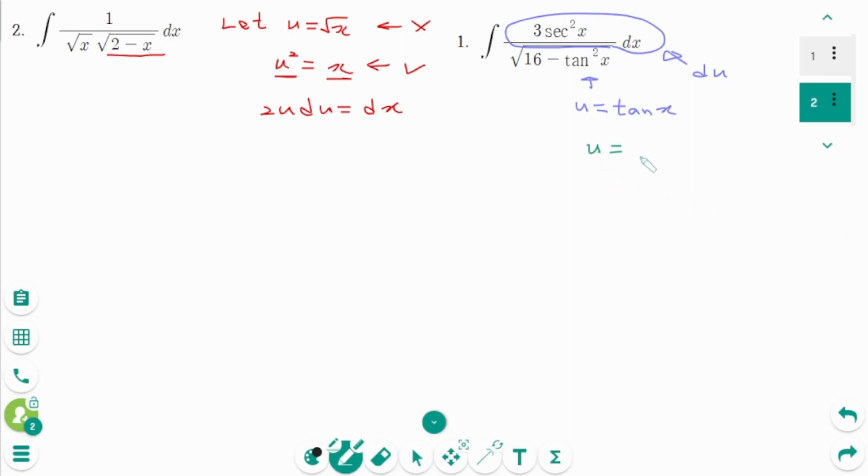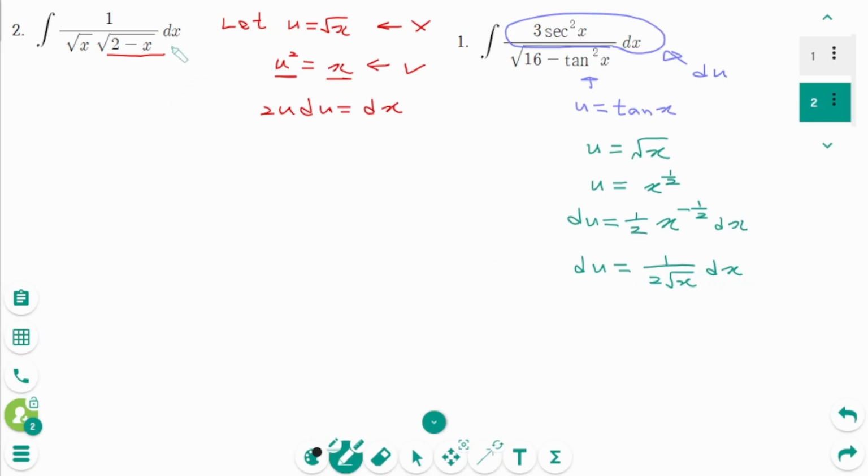When u equals square root of x, we can rewrite as u equals x to the power of 1 over 2. Then derive on each side, du equals 1 over 2 x to the power of minus 1 over 2 dx. We can rewrite as du equals 1 over 2 square root of x dx.